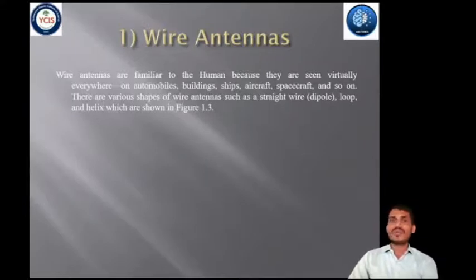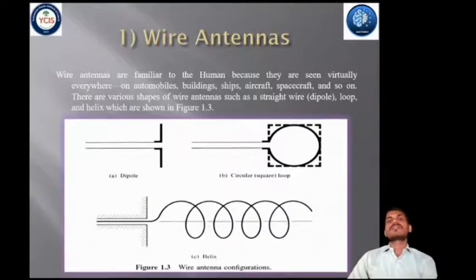Also, there are various shapes of wire antennas, such as straight wire, that is dipole, loop, and helix, which can be seen in this diagram. This is your dipole antenna, which is a straight wire antenna.